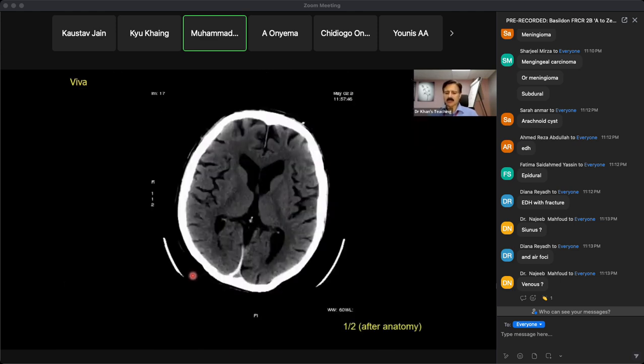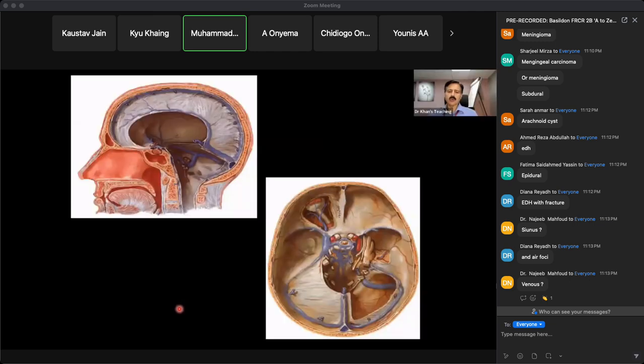Okay, candidate 7. What is this? It's a subdural, posterior parafalcine subdural hematoma. Excellent. So subdural hematomas, a favorite for the exam, subtle subdurals, and you have to understand what will happen.